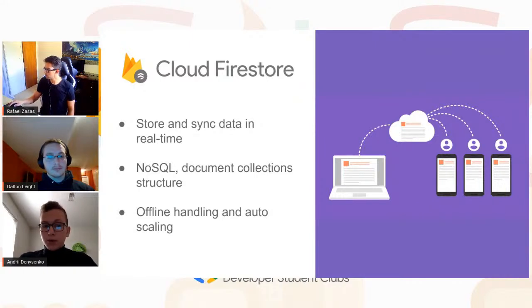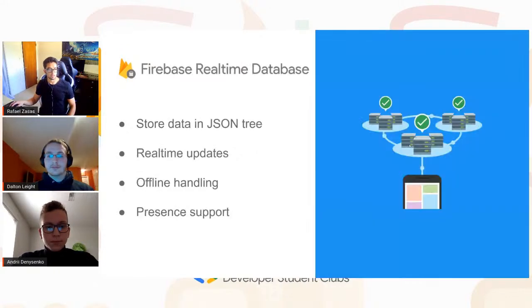When your users come back online, those are going to be synced up with the server, and all your updates are going to be performed at that point. So as I said, with this functionality, you don't need to write any code. In web, you will need to include a couple of lines, but not too much. I think that's very, very amazing.